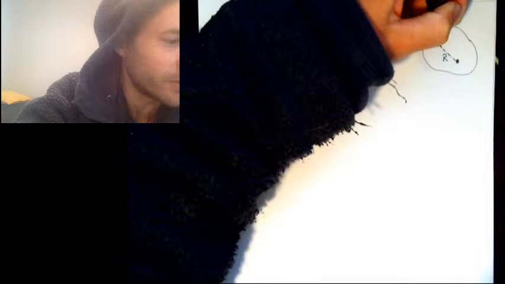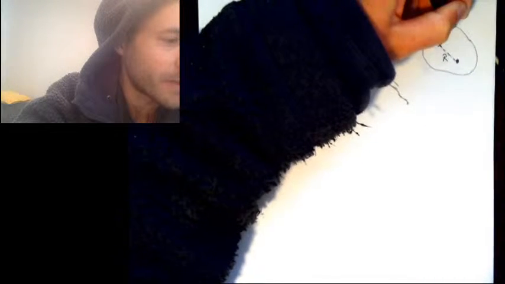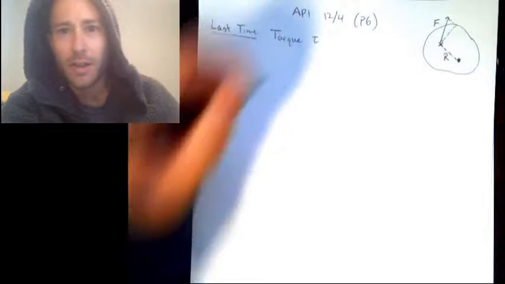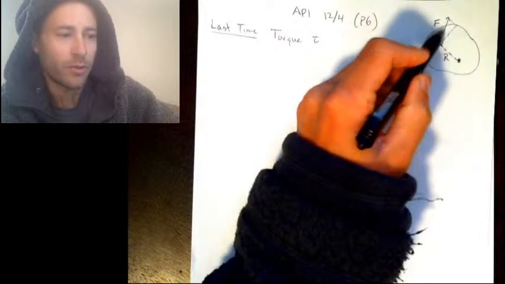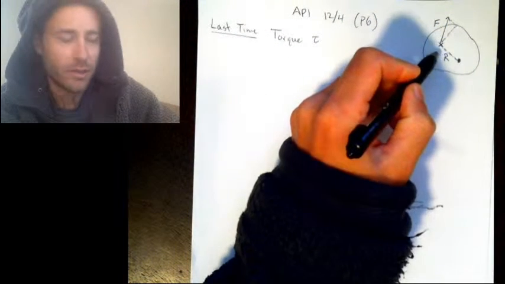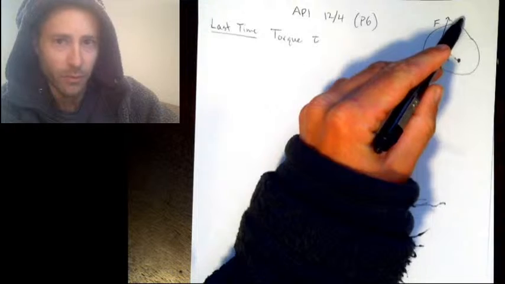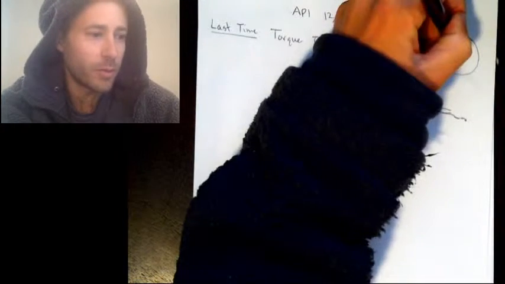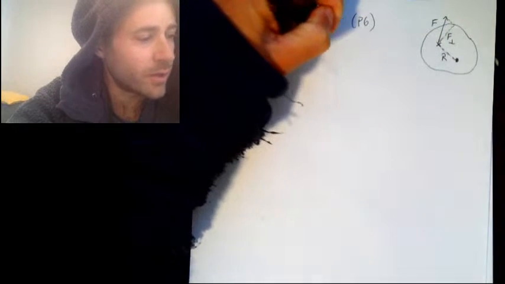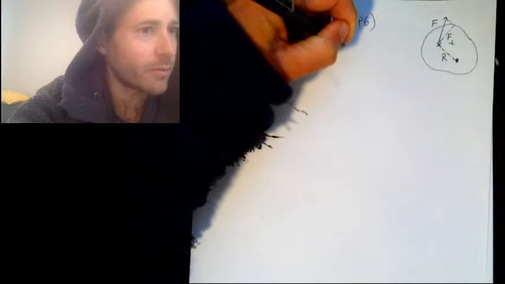Okay, so perpendicular to that line segment is like in this direction. Okay, and then we take our force and we use trigonometry to get the component of the force vector that is perpendicular to that line segment. So that's called F perp. Okay, and then the torque is calculated as R times F perp.